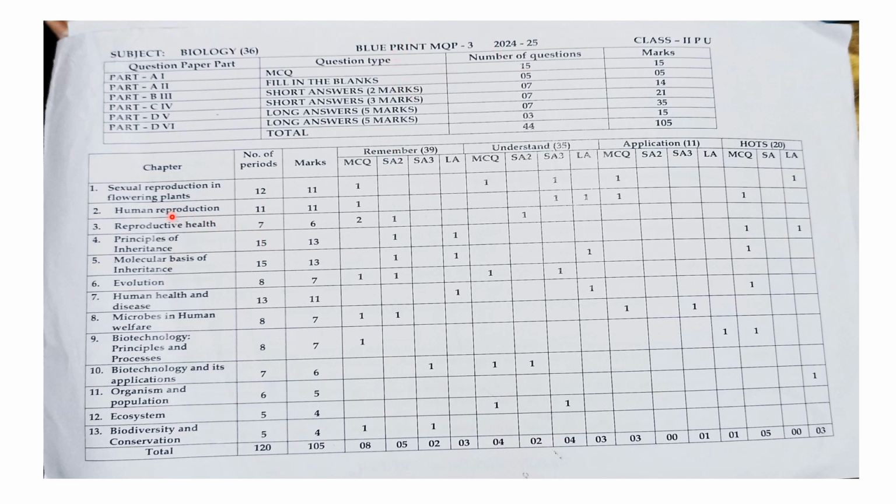If you look at the chapters, in genetics there are principles of inheritance and molecular basis of inheritance. In every blueprint, 13 marks are allotted to each of these 2 chapters. The highest weightage is given to these 2 chapters in the second unit.